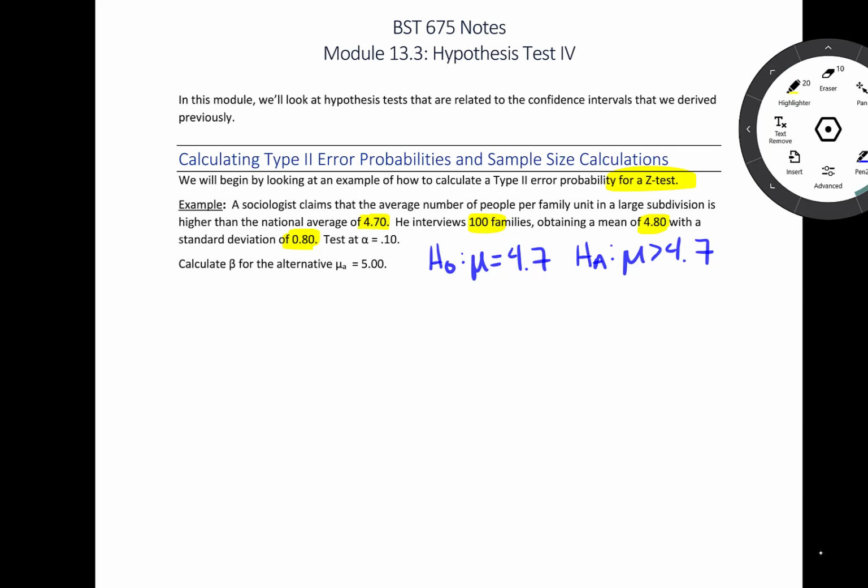If we're going to calculate beta, recall that beta is equal to the probability that we accept H0, and remember, in the back of our minds this really means fail to reject, it just makes it easier to write, given that HA is true. Recall from the last time we looked at this example, we used a rejection region.